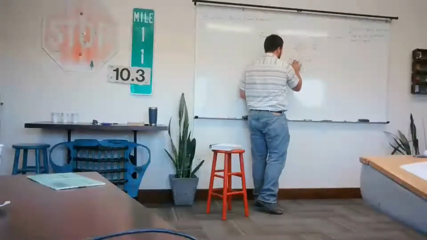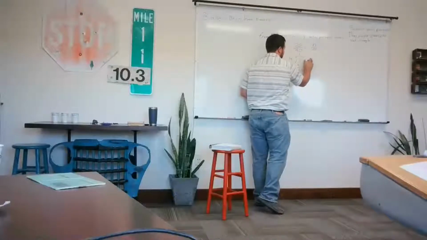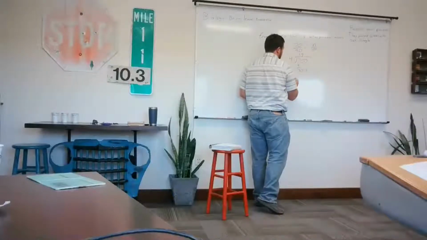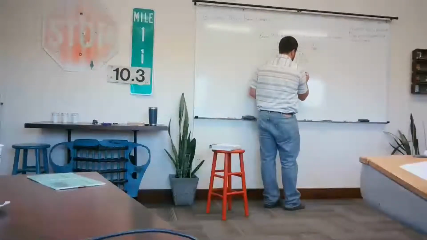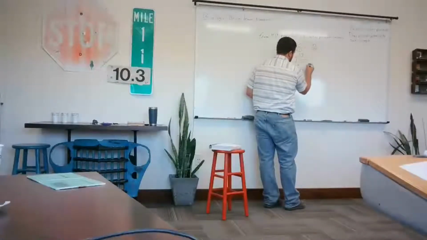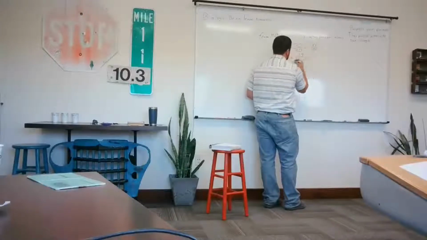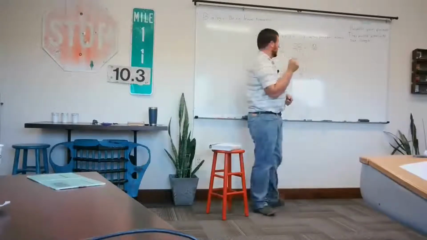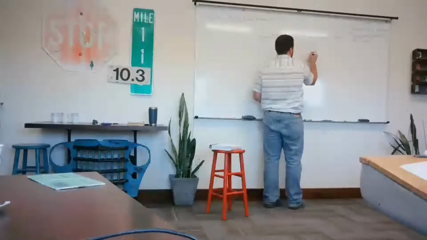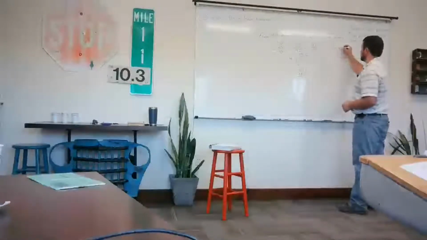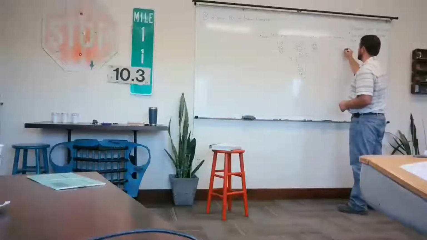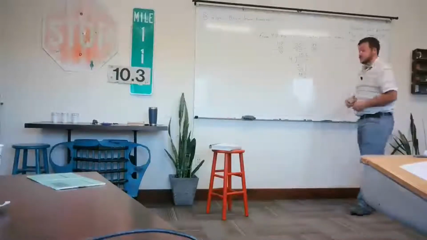No, I reduced it. 7 times is right, and that gives us 20. I'll do that subtraction because that's easy enough for me. And 4 goes into 20, 5 times. So we have an increase of 175%.